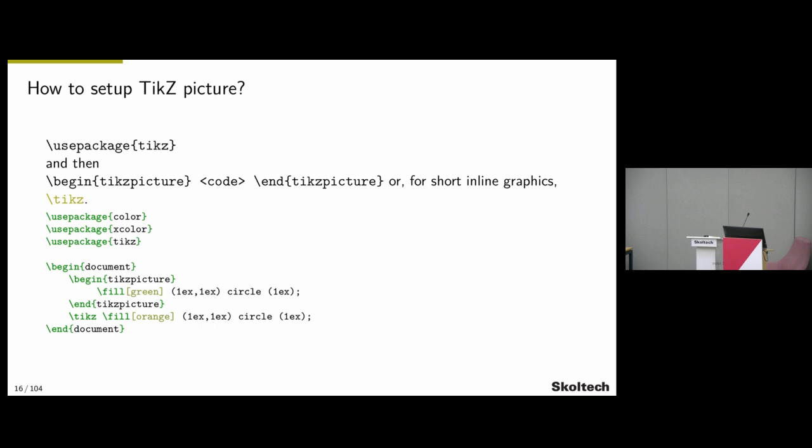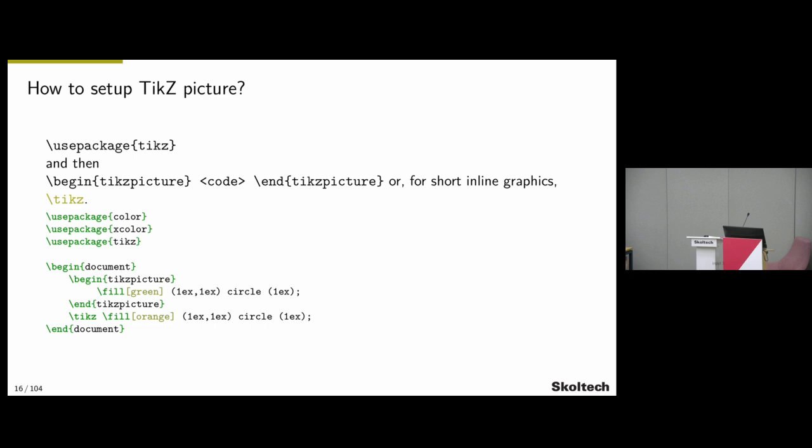Here we have the first example of more complex TeX graphics, not the inline figure, but bigger graphics. You can see that we put it inside the environment tikzpicture. So we have begin document, end document, and inside it we have tikzpicture. We started with begin tikzpicture and end tikzpicture.